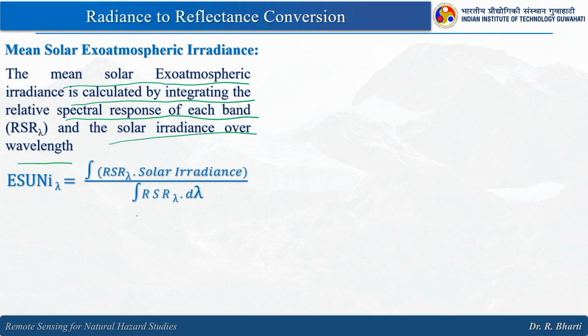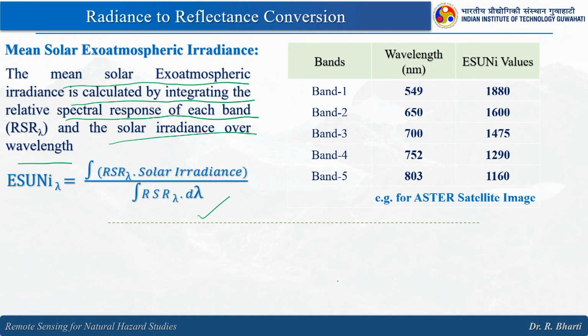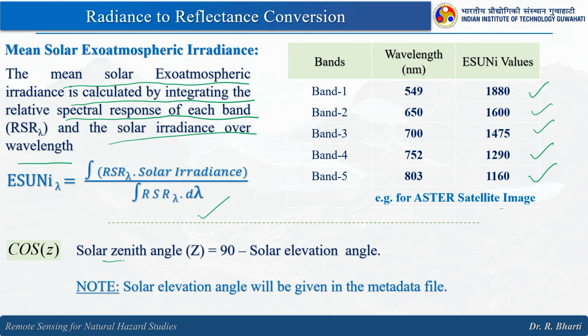So, here ESUNI is given with this formula, and for this ASTER satellite image, this ESUNI is available for each of the bands that can be used to calculate the RTOA. And cos Z, that is basically the solar zenith angle, and the solar zenith angle can be calculated using the solar elevation angle. In the metadata file, you will get this solar elevation angle. So, 90 degrees minus solar elevation angle is the solar zenith angle.